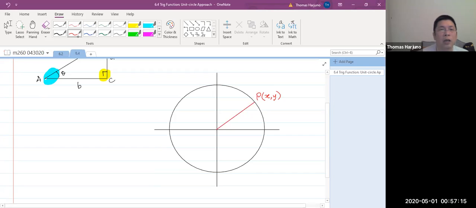Now then, the angle in standard position. So I think I have to define it. I wonder if I defined it before. Not here, huh? Okay.